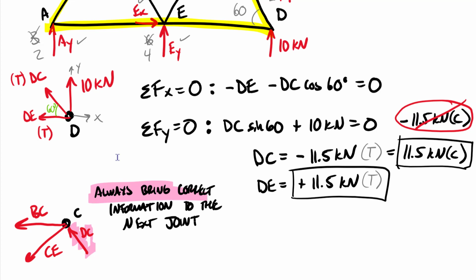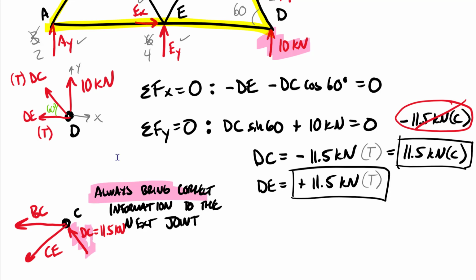Okay, so once again, if you're solving these algebraically one by one, you always want to bring the correct tension or compression information. You're also going to bring the value here, which is going to be equal to 11.5 kilonewtons, just like you would include the correct direction and value of an applied force, right? It acts in the same way as we get into this next free body diagram.